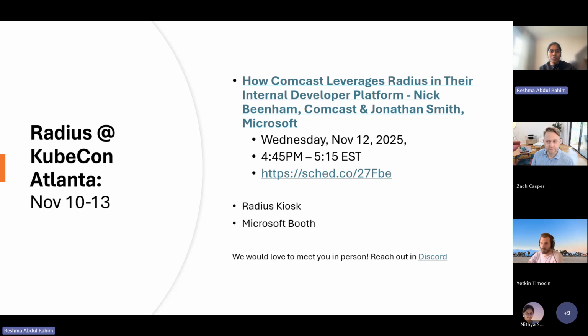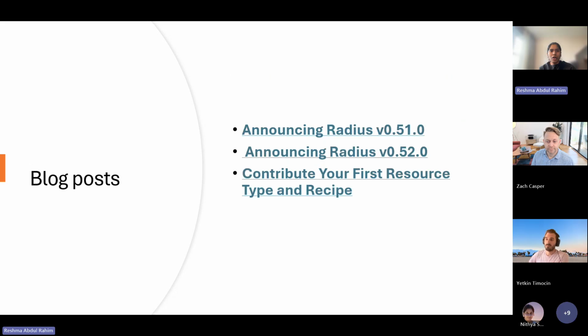Then I wanted to bubble up some of the blog posts that went out recently. If you're interested to know what has been released in 0.51 and 0.52, check out these blog posts. I also wanted to bubble up the contribution blog post. One of the things that Zach talked about is that we are looking for contributions on the Radius resource types and recipes. This is a good blog post that talks about how to get started.